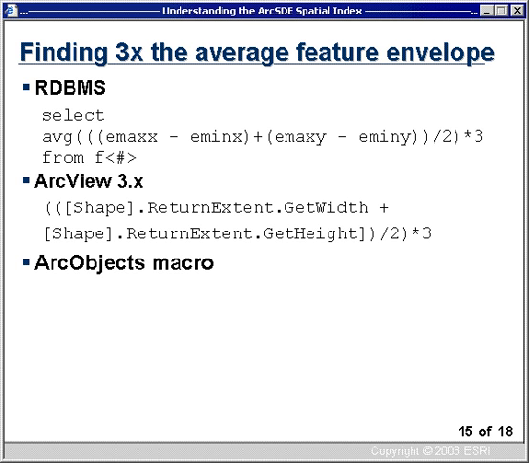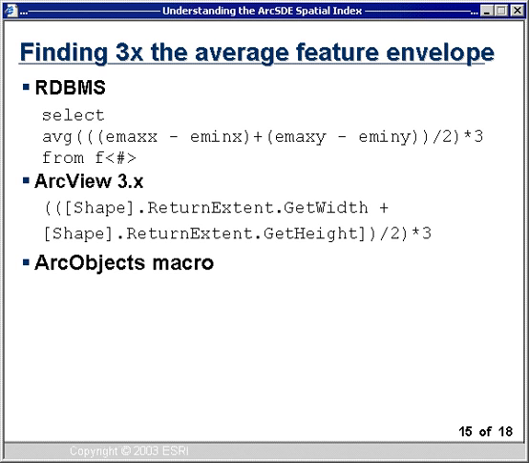3 times your average envelope can be calculated in a few different ways. You can take a look at existing feature classes within your RDBMS and query the envelope values for those features. This information is stored alongside of your features.